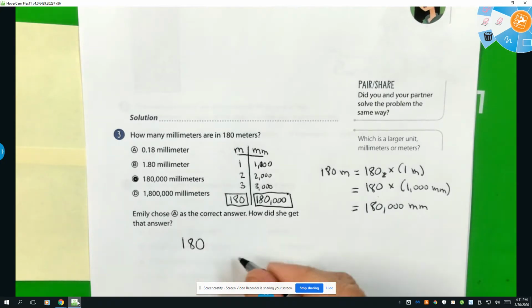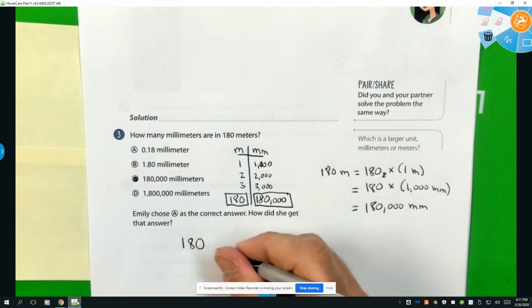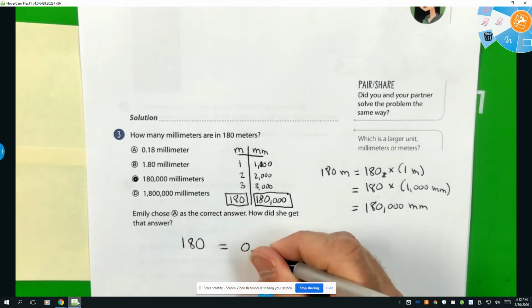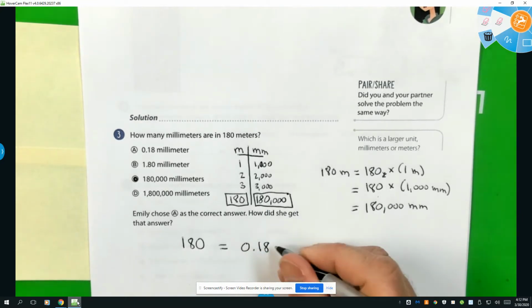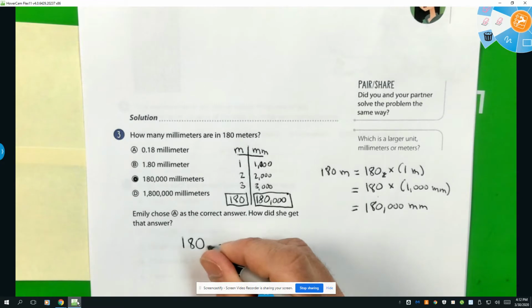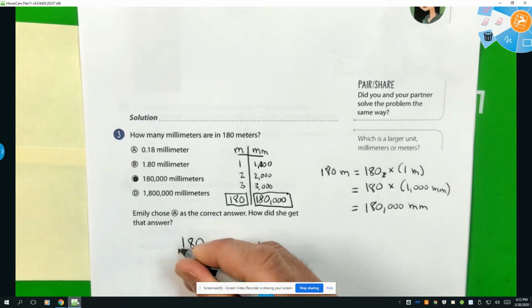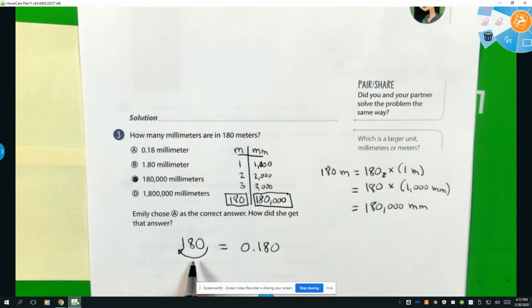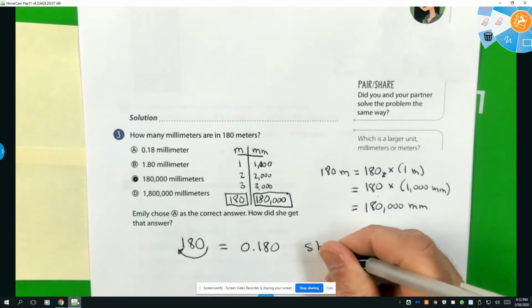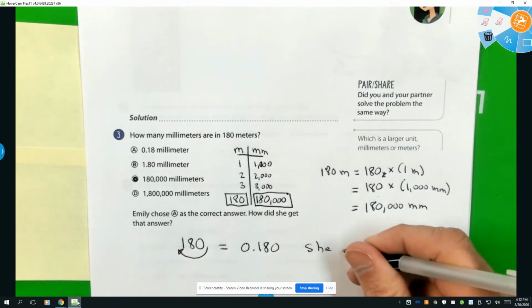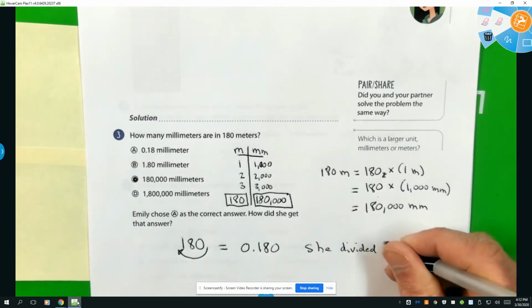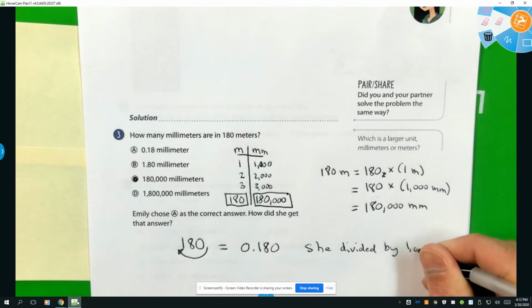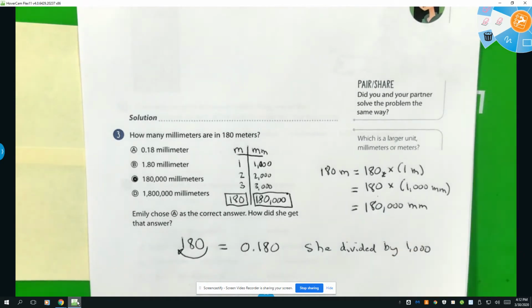So she went from 180 to 0 and 18 hundredths. Think about what she did: she probably moved the decimal this way and divided by 1,000. So instead of multiplying, she divided by 1,000. Okay, let's turn the page over.